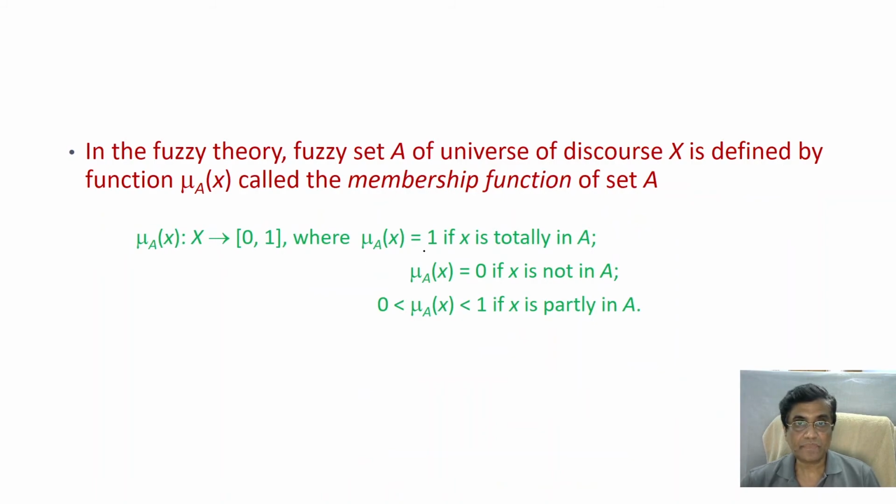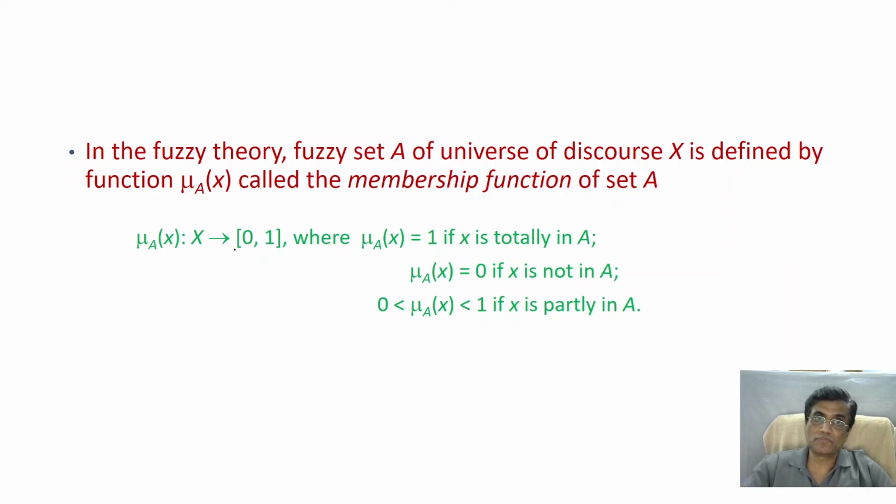So it's a membership function. This kind of terminology is normally used in most cases, so we are also using a similar kind of thing. A fuzzy set A of universe of discourse capital X is defined by a function with membership value mu_A(x), called the membership function of set A. The value of the membership function will be bounded.